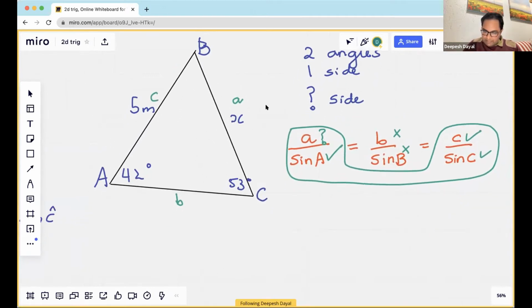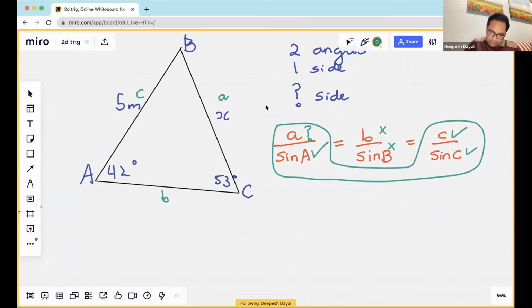Okay, so let's plug in now. So we're going to plug in a, which is x. So I'm going to say x over sine 42 equals c, which is 5, over sine C, which is sine 53, right? And now we need to use algebra. So we need to be really good with our algebra.